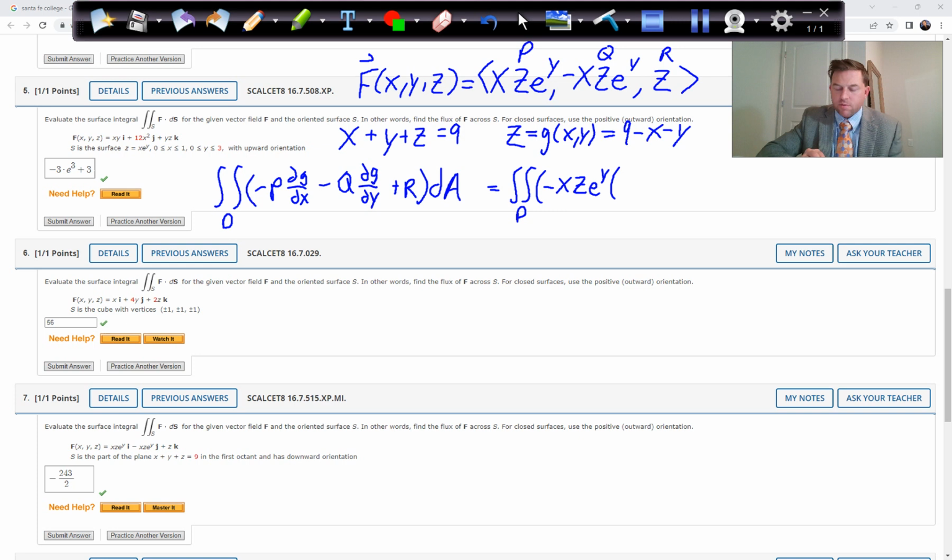Now this is a very simple formula. The partial derivative of 9 minus x minus y with respect to x is just minus 1. Then it's minus q, which is a minus xze^y, and then it's going to be times dg/dy, which is also minus 1. Then it's plus r, but r is z, but we're not going to use z. We're going to use 9 minus x minus y.